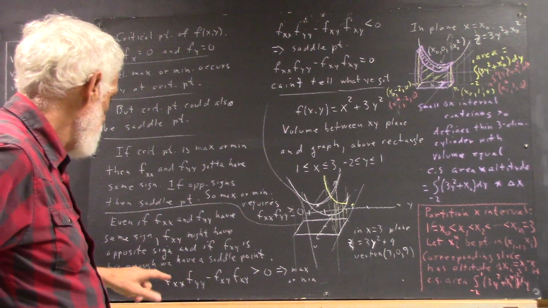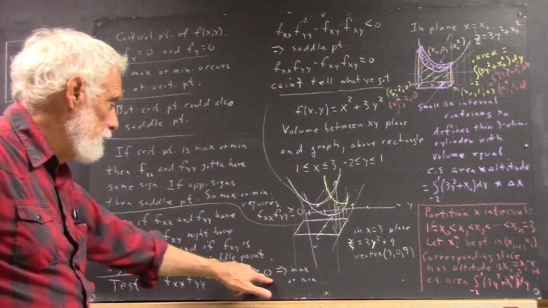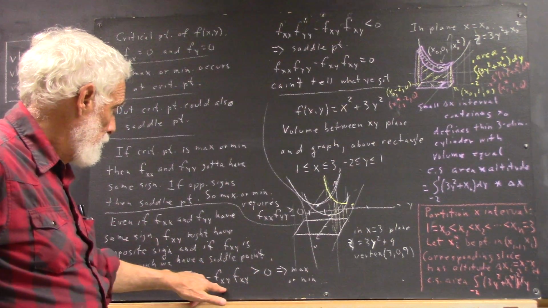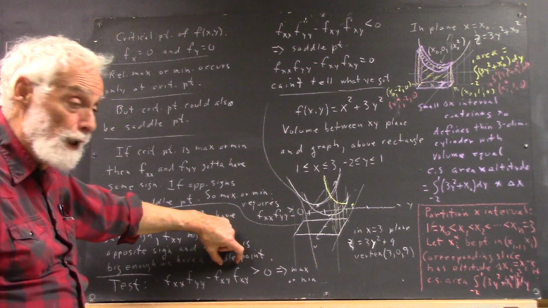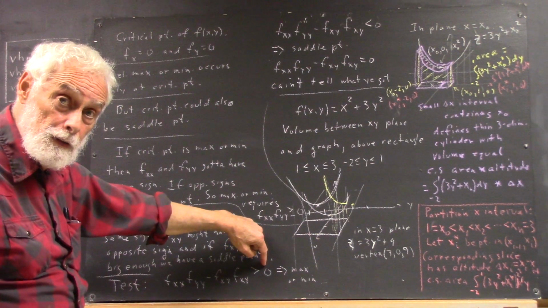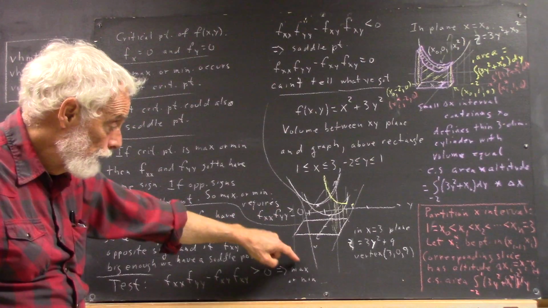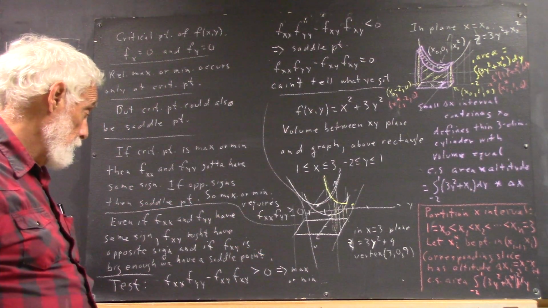well, okay, if we have this condition where this difference is greater than 0, it means your fxy is not big enough to make this negative. In this case, we'll have a max or a min. Okay?